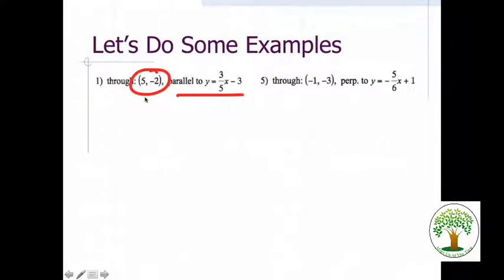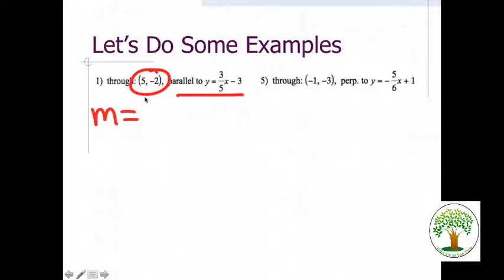So what slope will it have if it's parallel to this line? Will it have the same slope or the negative reciprocal slope? Parallel, so the same.